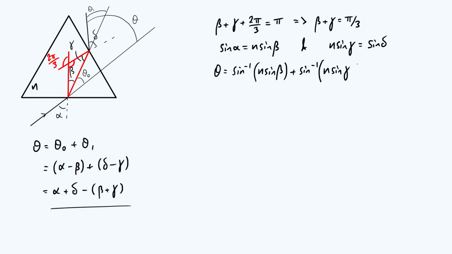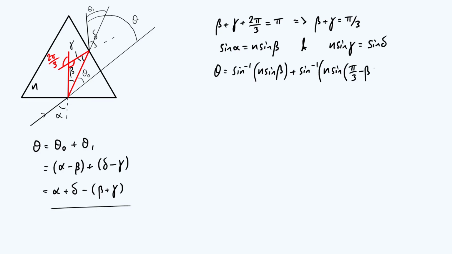However, we can actually rewrite gamma in terms of beta using that relation that we derived from considering the red triangle at the top, right? Because we know beta plus gamma is pi over 3, and therefore gamma is equal to pi over 3 minus beta, right? So instead of putting a gamma there, I can put pi over 3 minus beta.